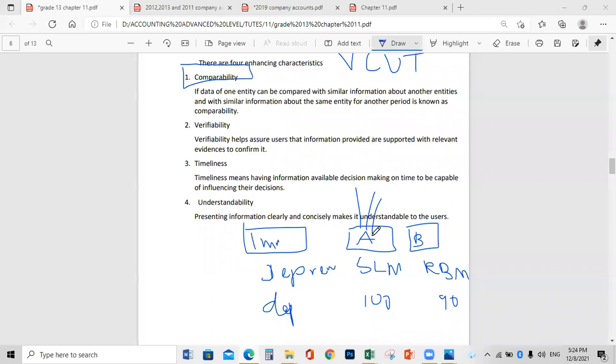Yeah, you also should change, because guys, all the other companies in the garment industry, they are following reducing balance method. You should also change to reducing balance method, so that every user can compare information between the similar entities. So guys, that is the main use of being able to compare. Then only the users can make decision, guys.